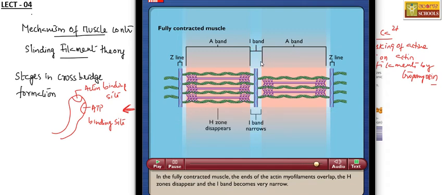So I told you that the H zone decreases or completely disappears. The A band remains unchanged, the H zone disappears, and the I band length also decreases. This is how you will see a fully contracted muscle. This is how the contraction of the muscle takes place.